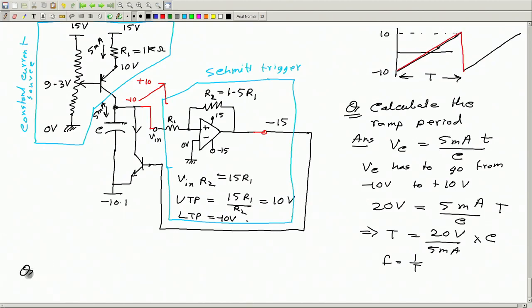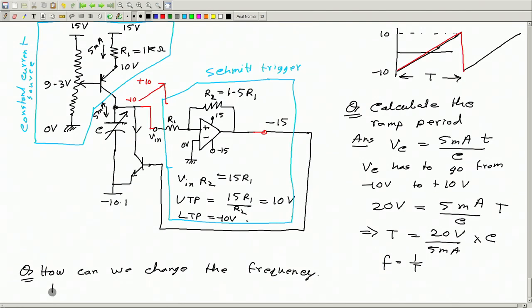Okay, so how can we change the frequency? So you can take a variable capacitance, definitely, because we have C in the expression of the time period.